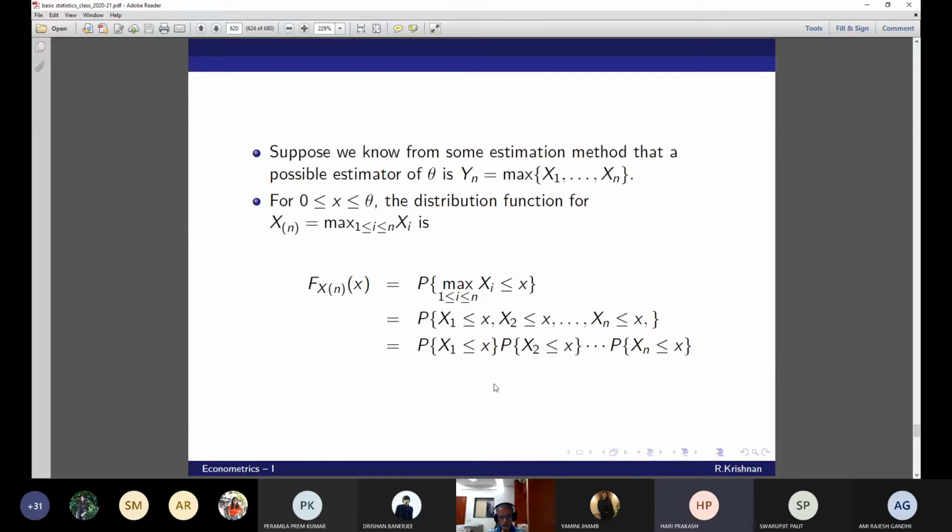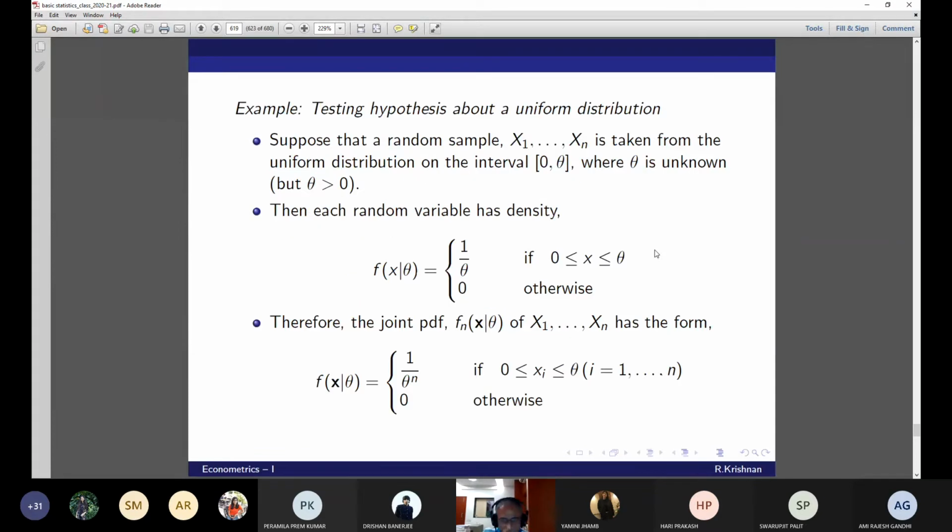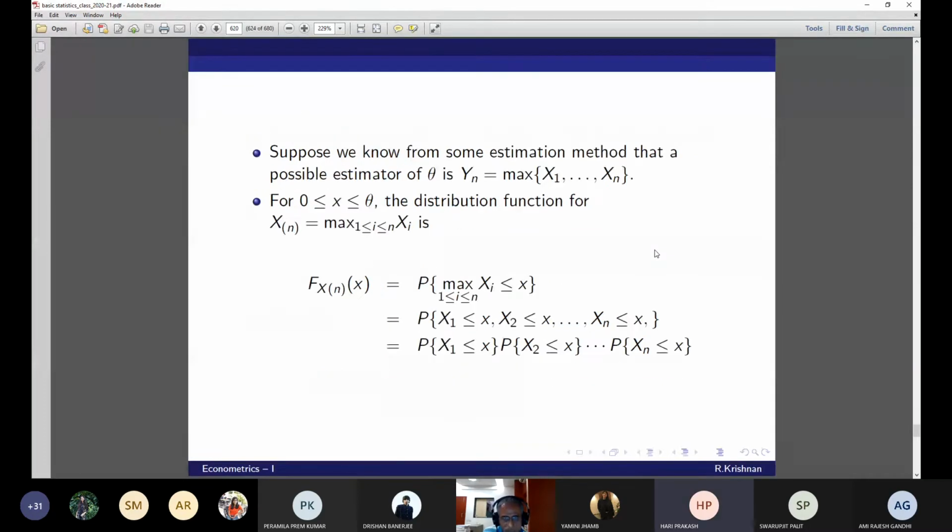Sir, can you explain the first bullet point? Suppose we know from some estimation method that the possible estimate of this is what I was explaining all the time. Now we do not know theta, right? I have to estimate it. I am estimating it through maximum likelihood estimation.